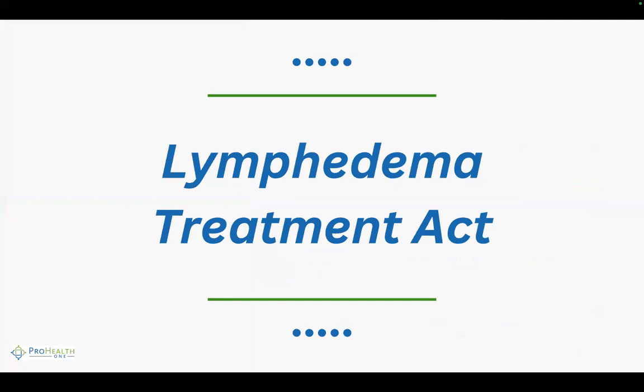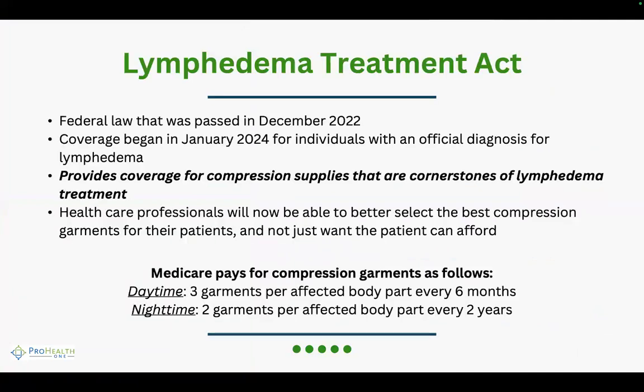Something worth mentioning here is the Lymphedema Treatment Act. Historically, it's been a challenge with treating lymphedema because a lot of the treatment garments that you can order for this were not covered, but this changed with a federal law that was passed in December of 2002 that allowed coverage for compression supplies for lymphedema.